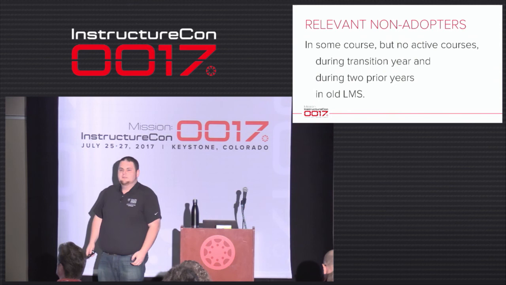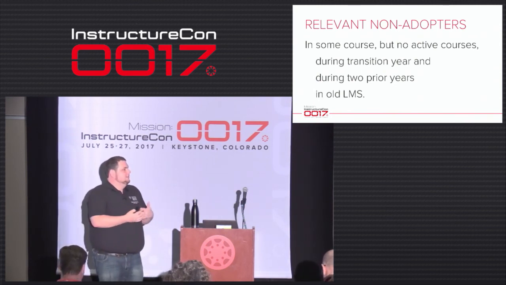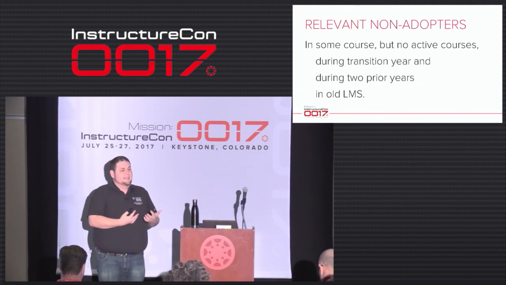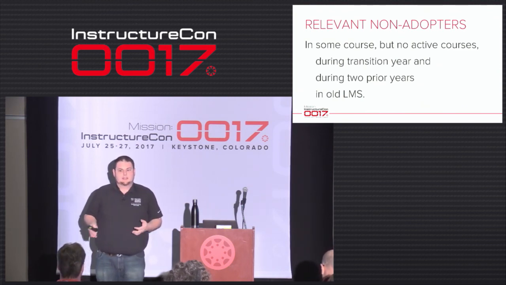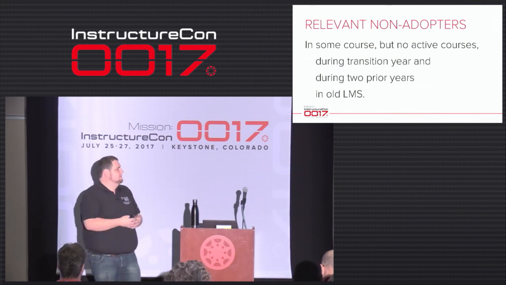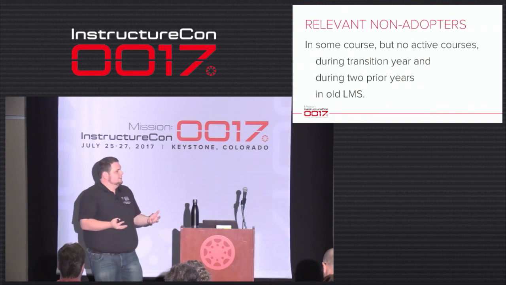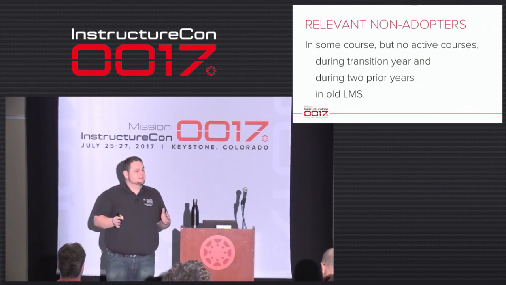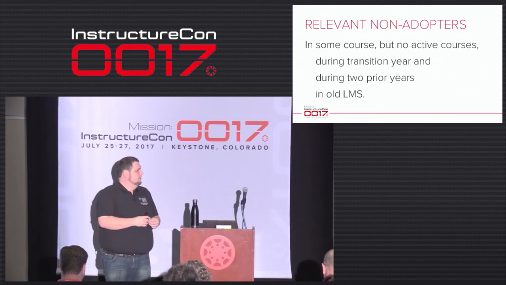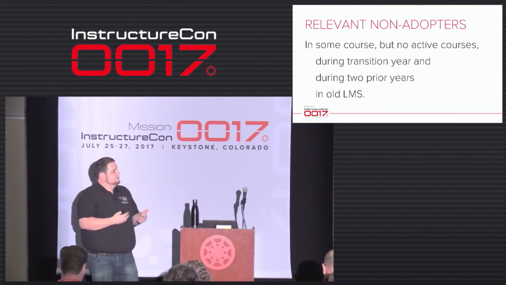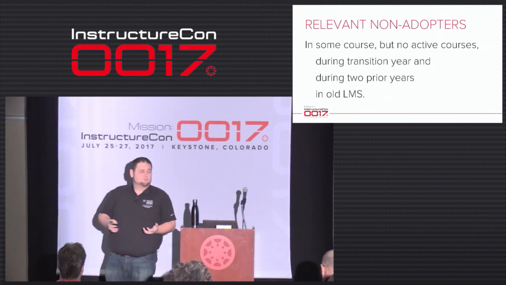So, how do we define non-adopters? I had to ask myself that, and I went through a couple of counts to find what I thought would be a definition of who are relevant non-adopters of our previous LMS. I was looking at somebody who's got a teacher enrollment in some courses, but none of them active courses, during our transition year, which was fall 2016 and spring 2017.